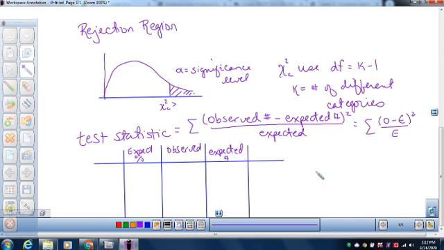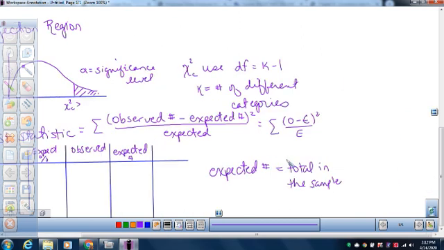And the way you get the expected number, you take the total in the sample, so that's n, times the expected percentage.